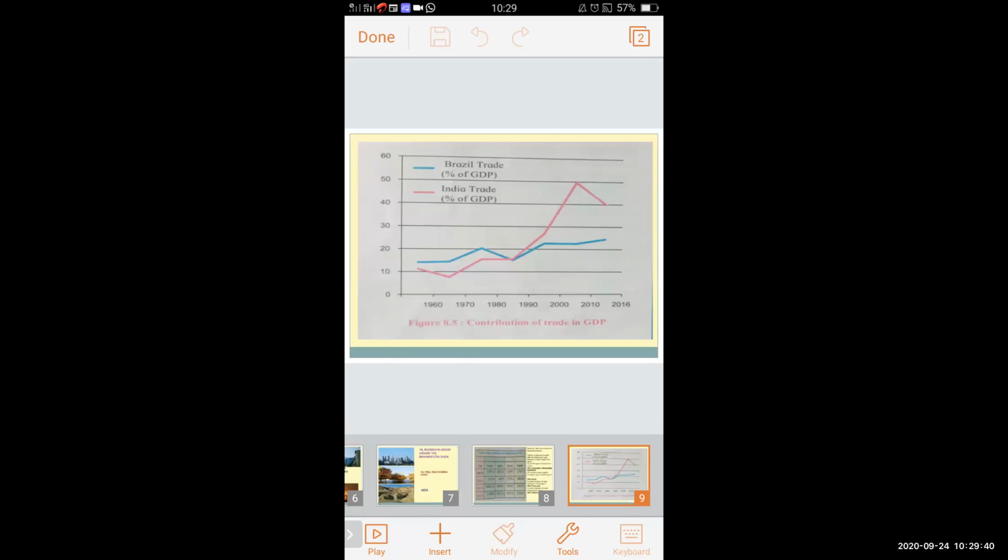So as per every year we have seen, the pink line indicates India. From 1960 it was low, but slowly it increased. And Brazil, which starts in 1960, shows that Brazil was high in trade, but later on till 2016 it is low.